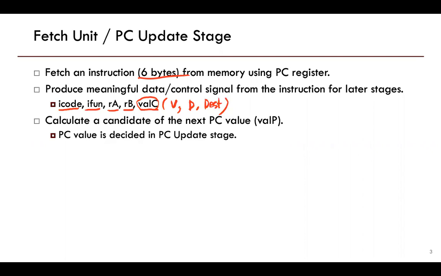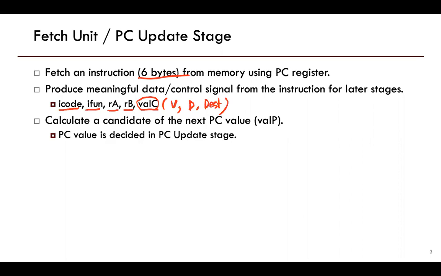Okay, done. After we fetch a single instruction, we break it into small pieces like iCode, iFun, rA, rB, and so on. Those small pieces with meaning will be used by the next stage.